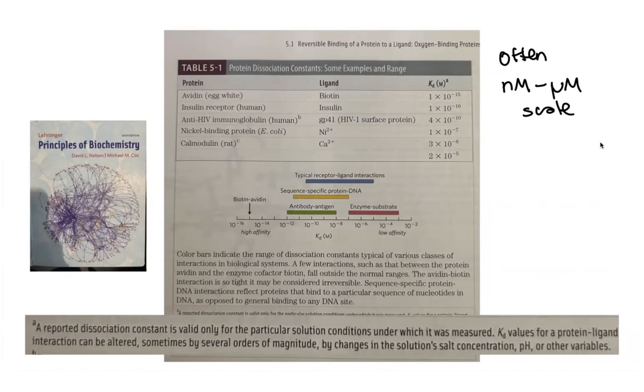I might be a little biased in the importance of KD, but I think it's super important in terms of things like antibody-antigen interactions, enzyme interactions, and pharmaceutical drugs. Pharmaceutical drug makers make all sorts of modifications to molecules to try to get a lower KD, because remember that means you have to give less of it.